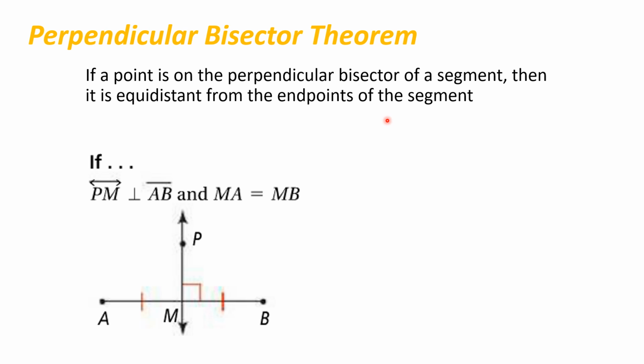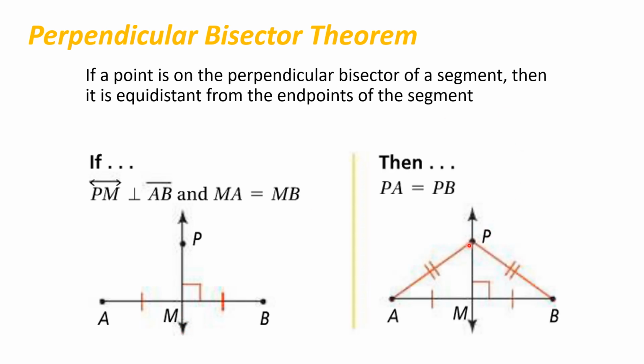Let's take an example. Here I have segment AB. Alright? M is the midpoint of AB. Okay, I draw PM, a line perpendicular to AB. So in this case, if PM is perpendicular to AB and passing through the midpoint of AB, so PM is the perpendicular bisector of AB.